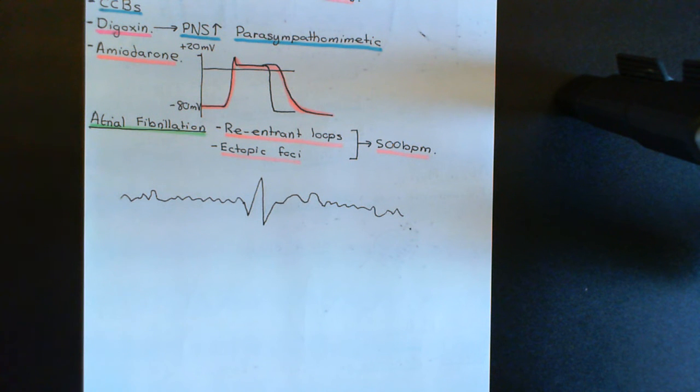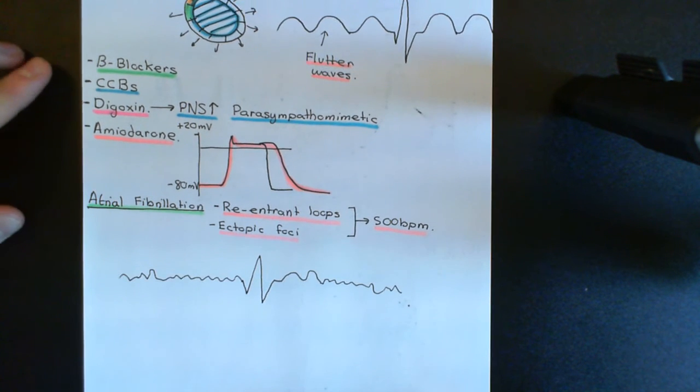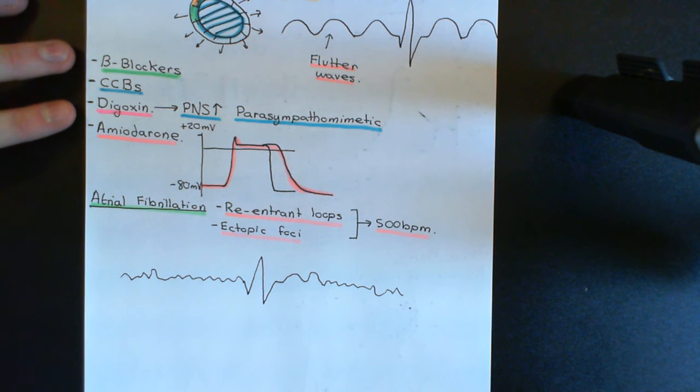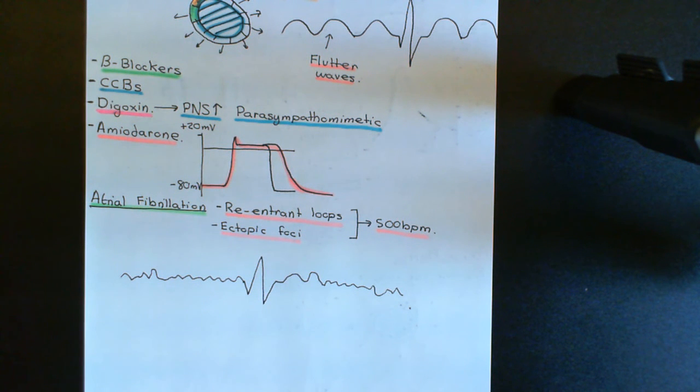What are the different treatment options then for atrial fibrillation? Well, all of the drugs that we've just talked about, beta blockers, calcium channel blockers, digoxin and amiodarone can help. Okay, of course, with beta blockers, calcium channel blockers and digoxin, the main aim there will be to try and reduce the number of electrical signals that are actually making it from the atria to the ventricles to try and prevent tachycardia.